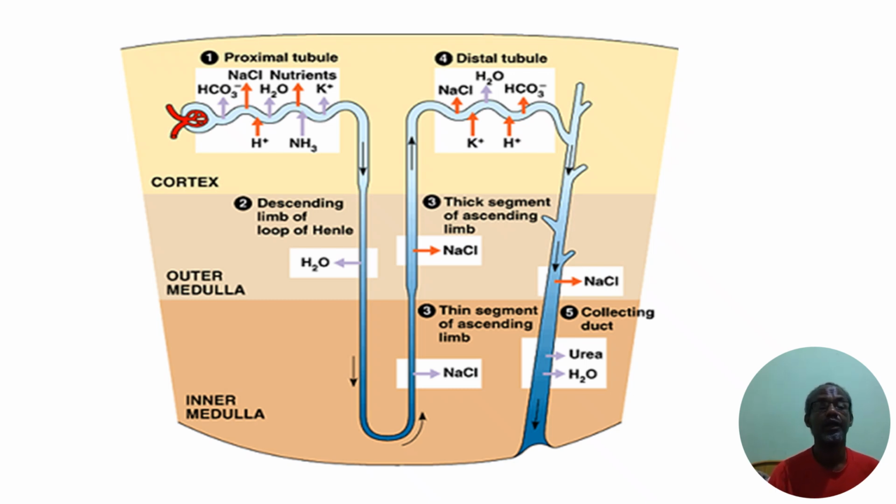You see this diagram. Therefore, you can see what has been filtered here in the proximal convoluted tubule. You can see that water is reabsorbed, sodium, and even ammonia is also secreted. Ammonia can be secreted. That means from the blood surrounding the tubules, if the blood contains ammonia, that is toxic, it is given to the tubes.